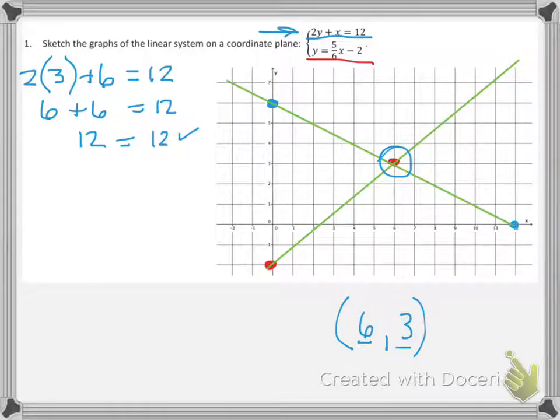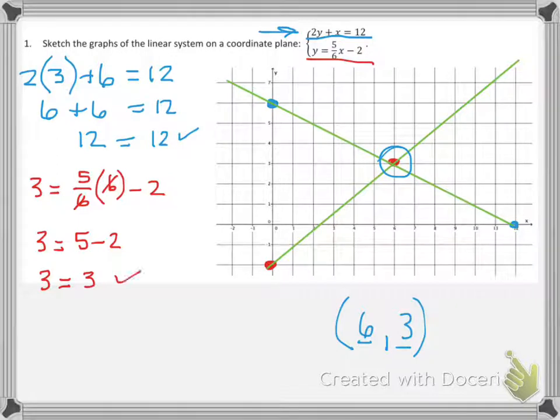And if we look at the second one, we'll do the same thing. In place of the y, our y is a 3, equals 5/6 times x, which is a 6, minus 2. And then if we simplify, we get 3 is equal to, well, the 6's cancel out, so I get 5 minus 2, and 5 minus 2 is 3, so that also checks out. So the point (6, 3) is the solution to this system of equations.